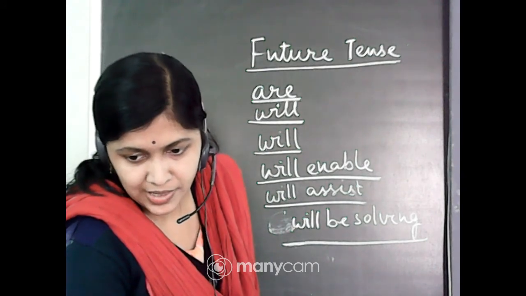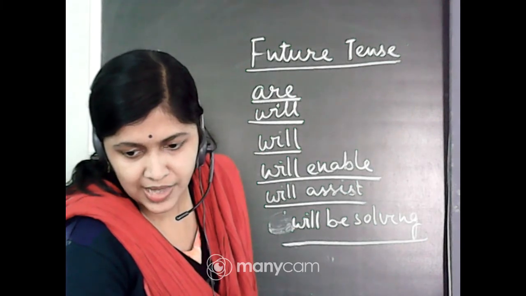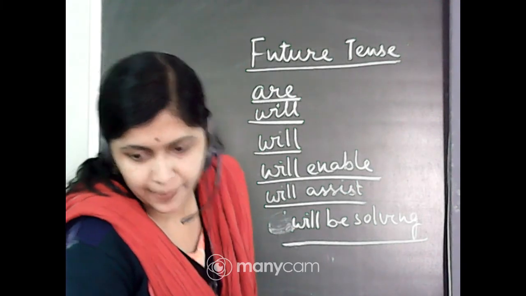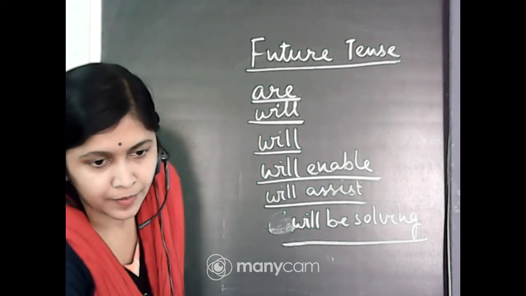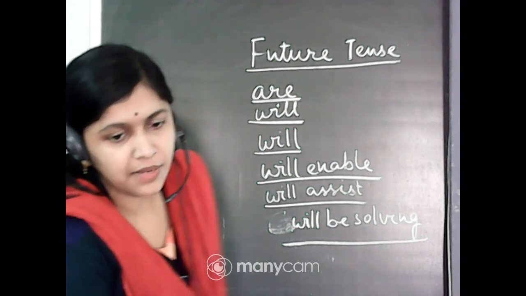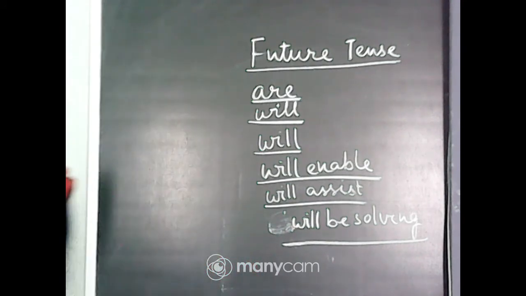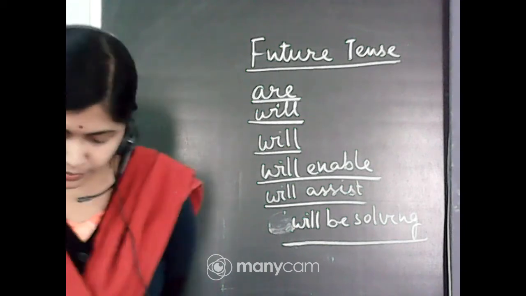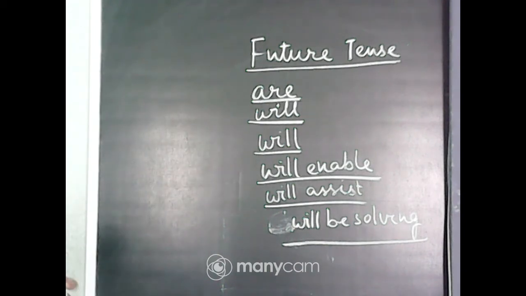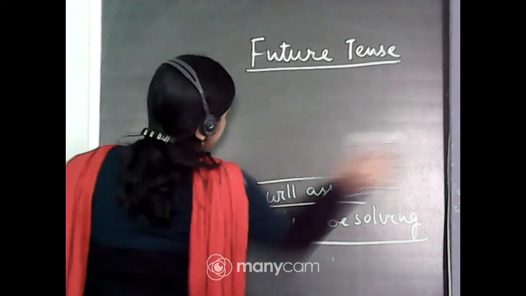We are doing exercise number E of future tense. Now we are doing exercise number F. Okay. Exercise number F. Okay, in exercise F, just write the future continuous forms of each of the words given in brackets.